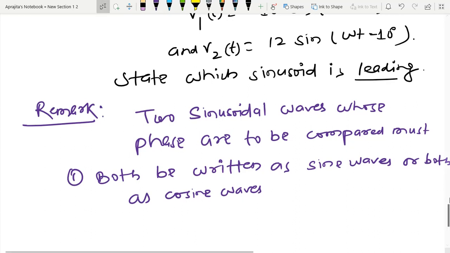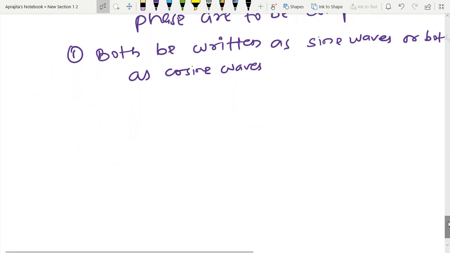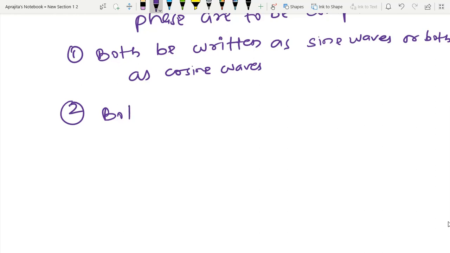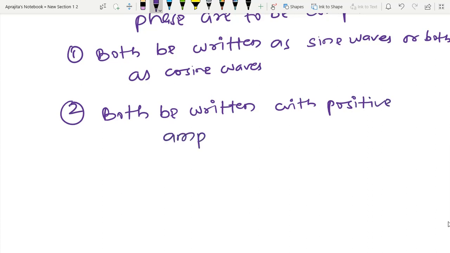Second point: both must be retained with positive amplitudes.